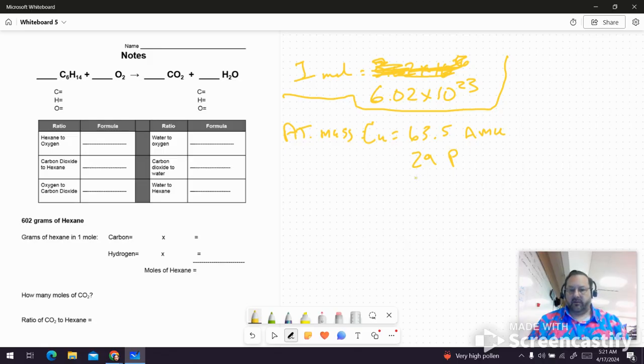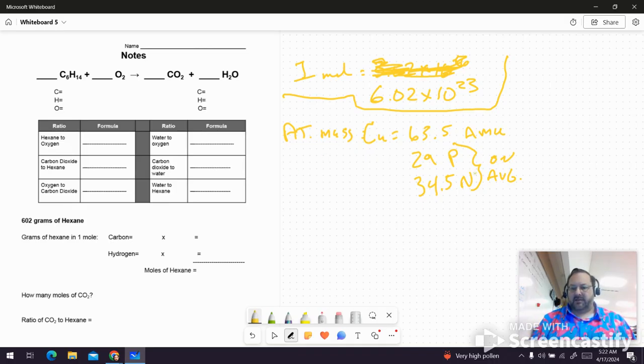So neutrons are going to be 34.5 neutrons. Now you can't really have 0.5 neutrons. What happens is that on average, you have some with 34 neutrons, some with 35 neutrons. On average, that's what you're going to have in any sample of copper that we have.